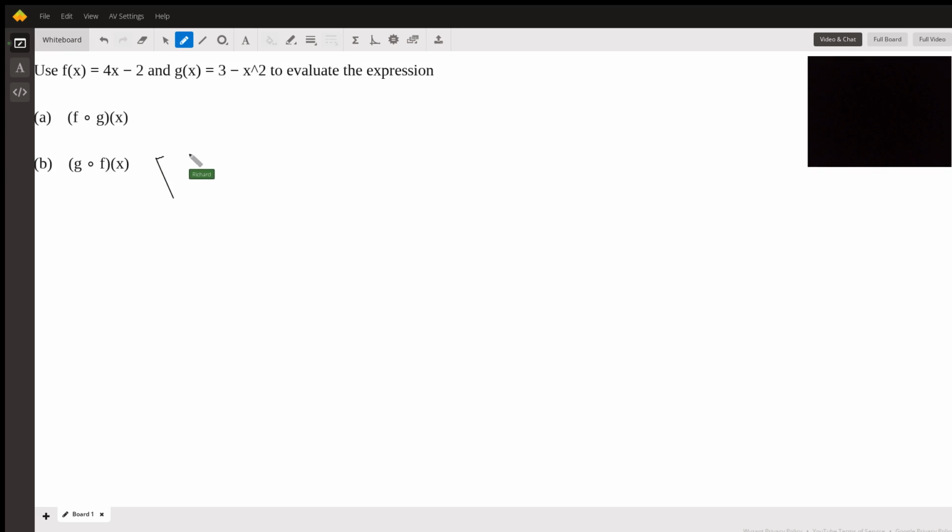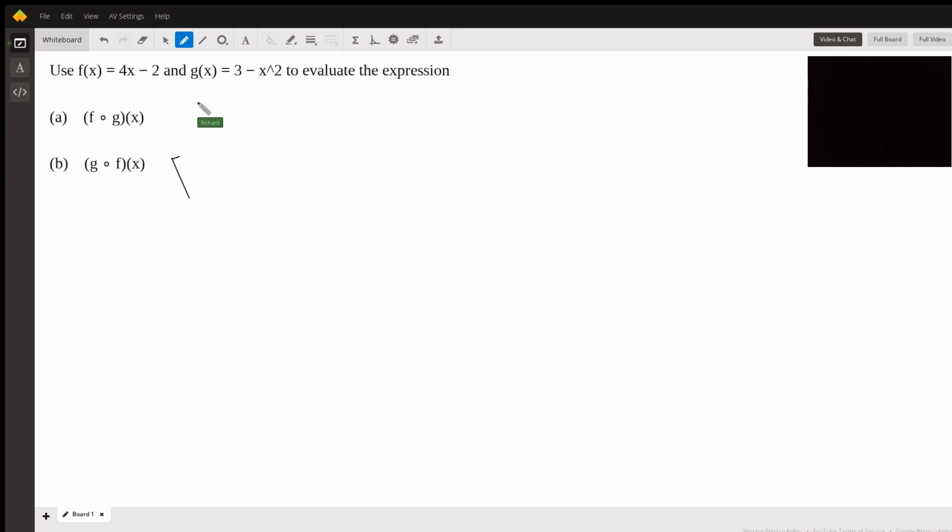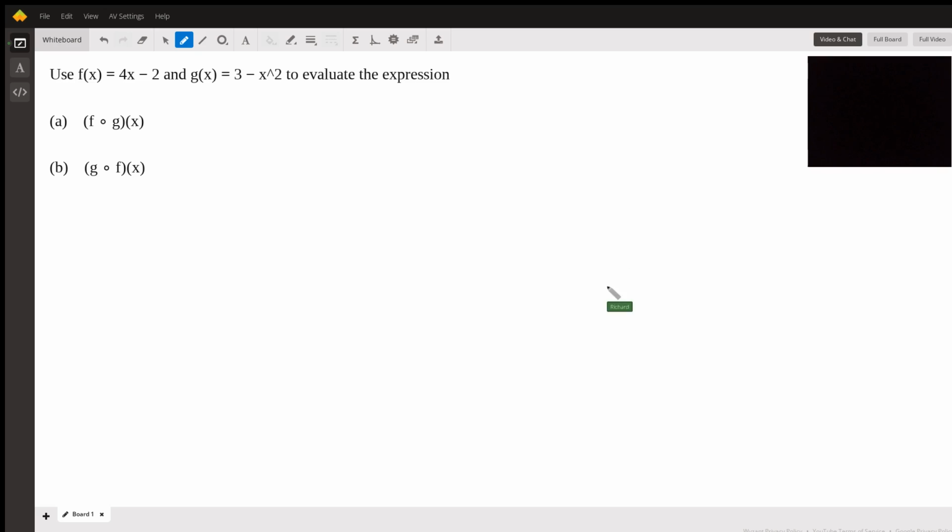We're just going to rewrite this as f of g of x. So the notation on the left is the same as this.